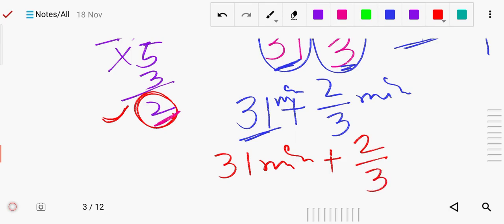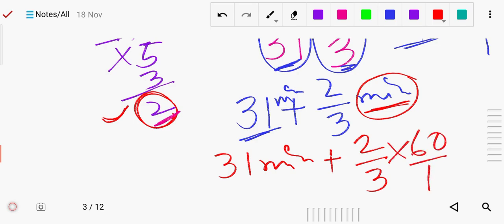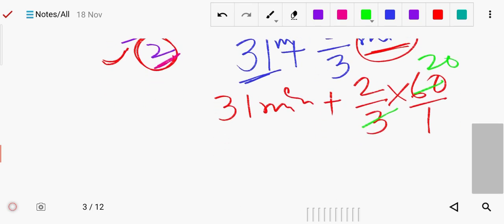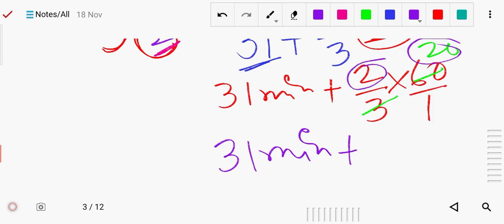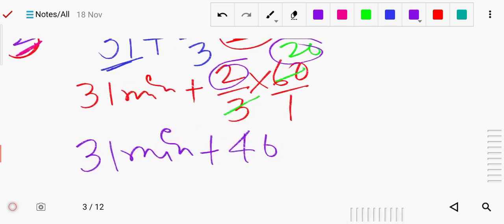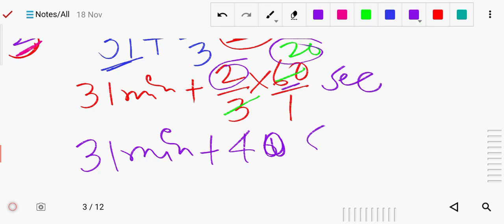So now 31 minute is okay, but this fraction part you have to change from minute to second. Whenever you change minute to second, you multiply by 60. Now you can divide 60 by 3, how many times? 20 times. So now 20 into 2 is 40, and this is now your second only, because you have multiplied by 60.